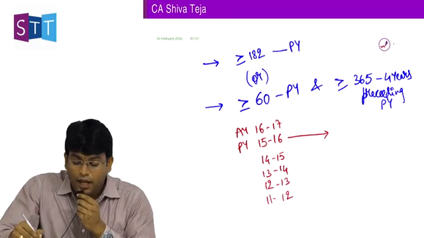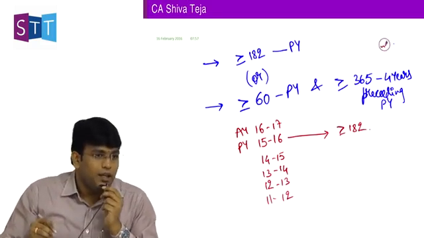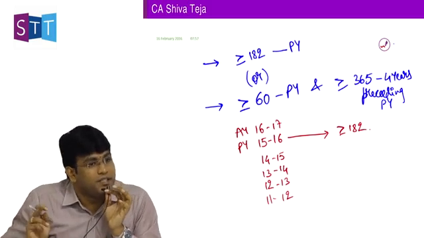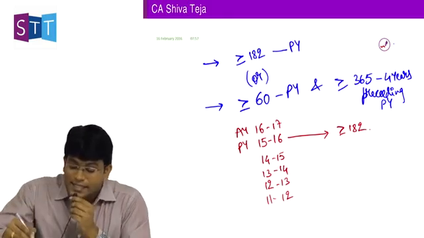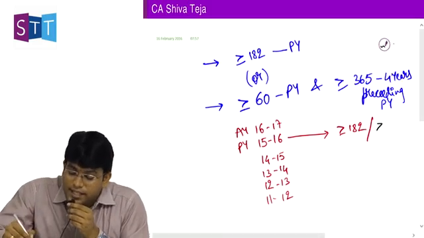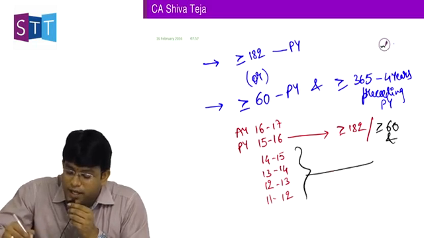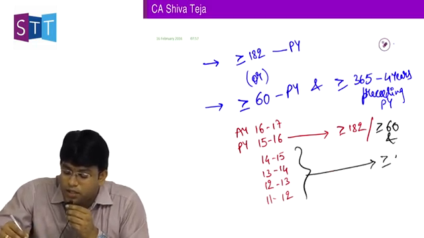In this year, either he must be there for 182 days or more. That is the first option. The second option goes like this: 60 days or more during the previous year and the last 4 years put together greater than or equal to 365.